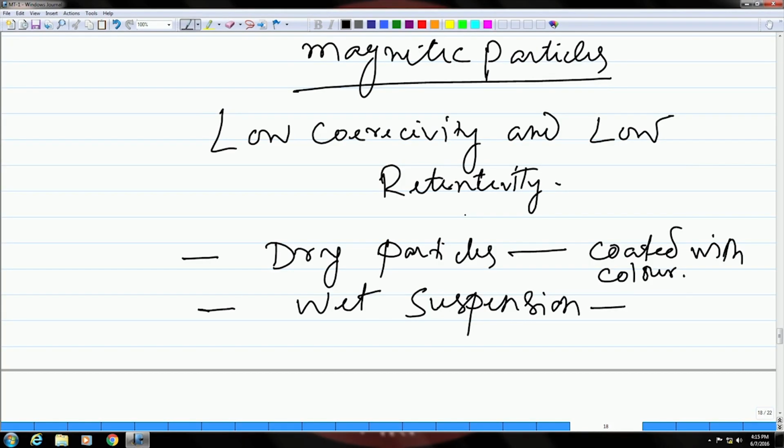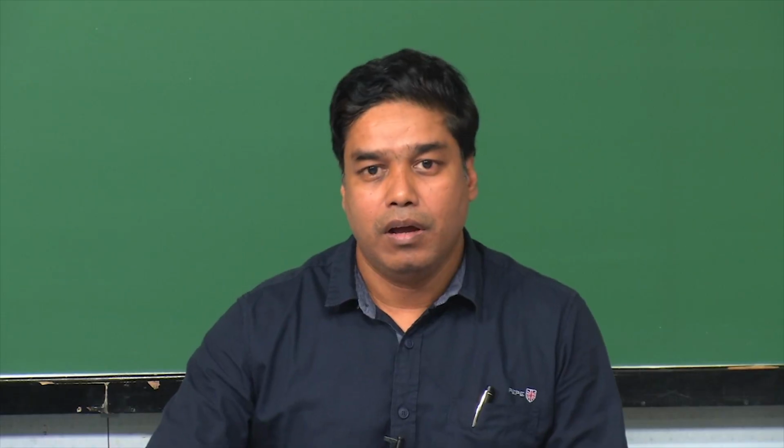And then we saw that 2 types of particles are generally used, either a wet suspension in some low viscous liquid, or these particles can also be used as dry powders depending on the surface condition.